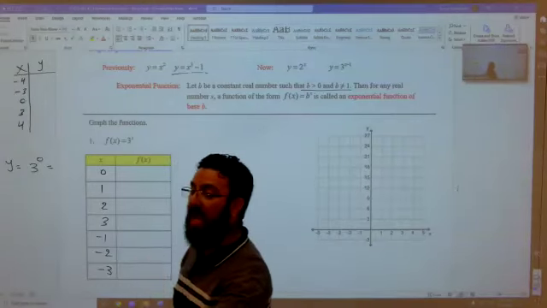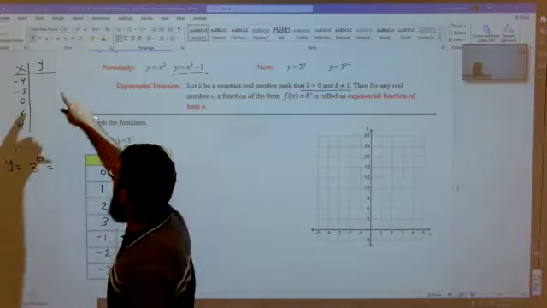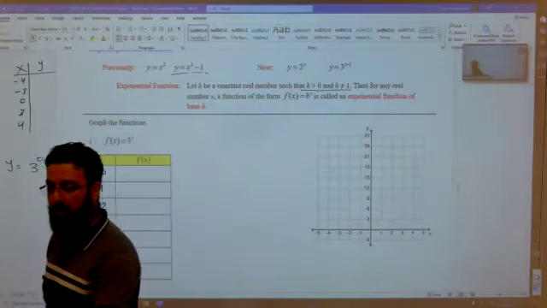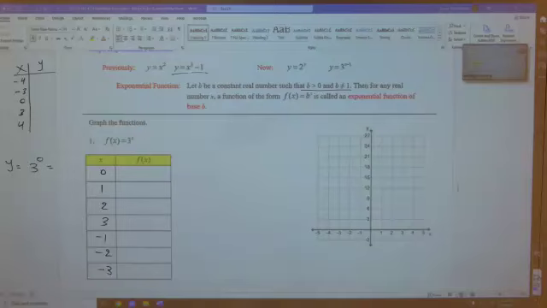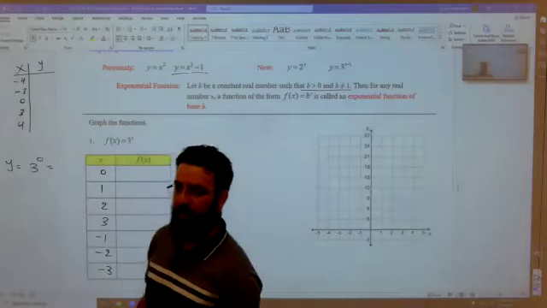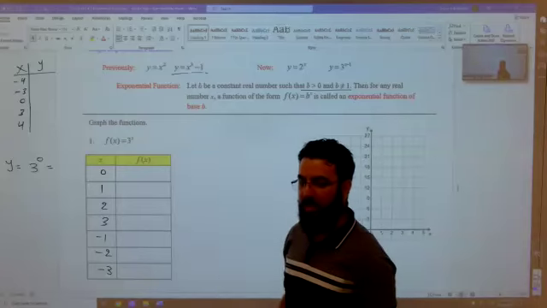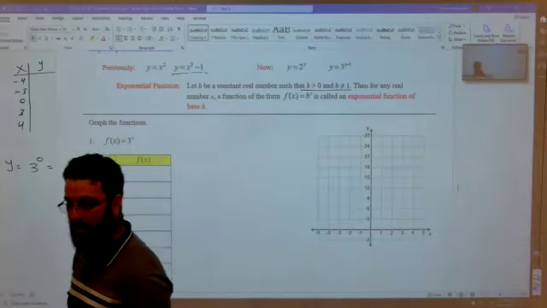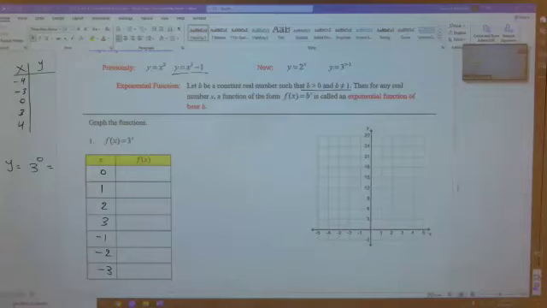Any number, write down this note at the top: any number with exponent 0 equals 1. Then I'll give you extra points if you prove that to me.